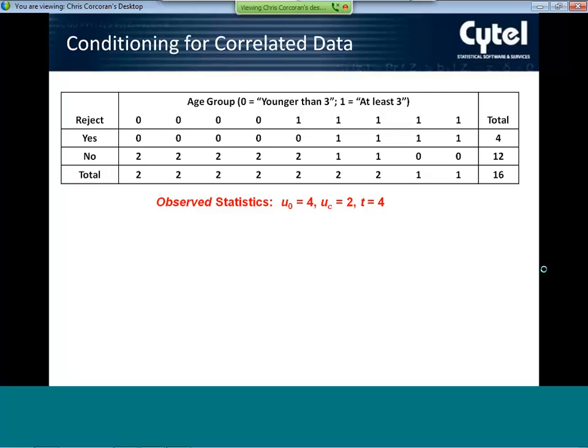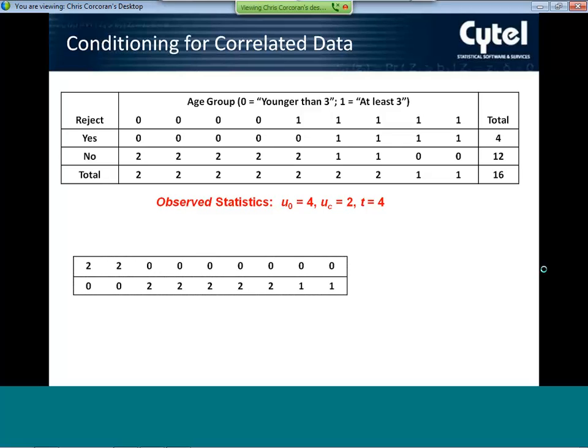Well, as with the tea-tasting experiment, what we do is consider all possible tables of the kind that you see at the top of the slide, the observed table, that also give us these values for the 2 statistics, U0 and UC. So for example, here's a table, and I've dropped the margins. I'm just including the rows for the sake of illustration. But here's one table that gives us a number of rejections equal to 4, as with the observed table.